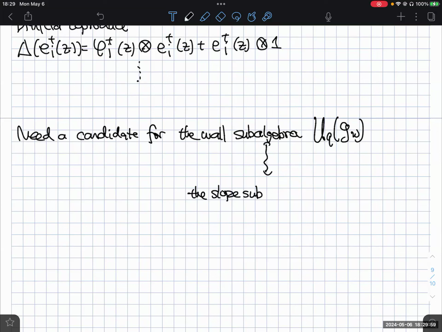But to introduce the slope subalgebra, we need to introduce a technique, which is the shuffle algebra technique.